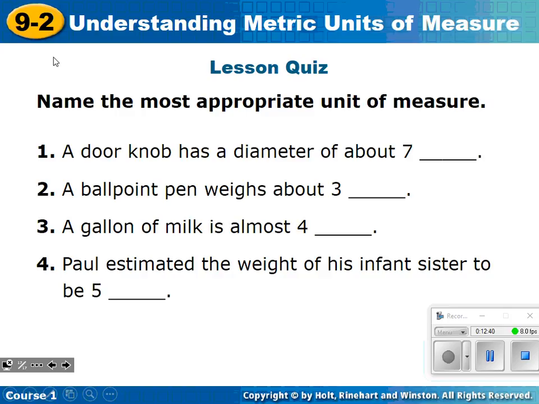Diameter. 7-kilometer doorknob? I don't think so. 7 what? Millimeters? 7 millimeters would be like from here to here. It's a tiny doorknob. Centimeters, like this, from here to here.